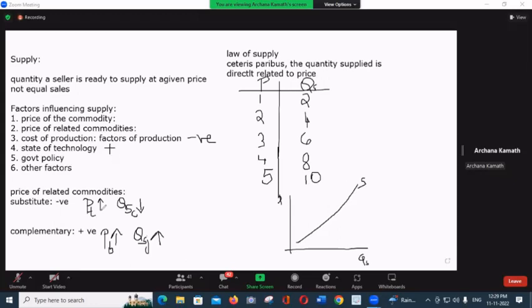First thing that comes out of my mouth is, please take tea. Tea is available here. Coffee, we don't have it, right? So you will be selling more of tea and less of coffee is supplied. It goes opposite: when price of tea falls, you'll be supplying more of coffee relative to tea's price. When coffee's price is relatively higher and price of tea is lesser, you will be in a position of supplying more of coffee.